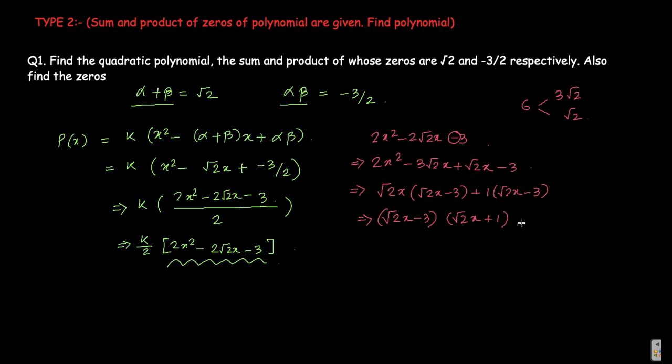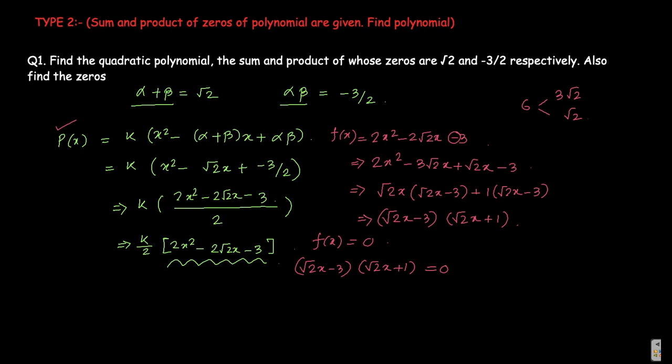So for the zeros of the polynomial, we are taking f(x), because p(x) is this polynomial along with the constant term, and we are neglecting the constant term. That's why we are writing f(x) as 2x square minus 2 root 2 x minus 3. To find the zeros, f(x) should be equal to 0, so root 2 x minus 3 into root 2 x plus 1 equals 0.